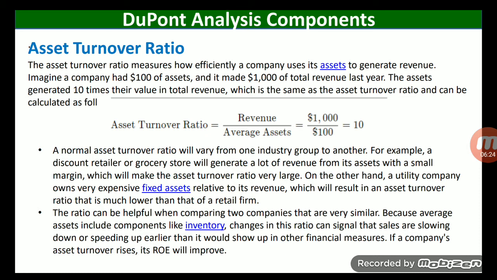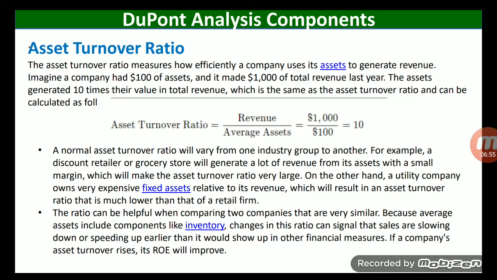The assets generated 10 times their value in total revenue, which is the asset turnover ratio, and it can be calculated as: asset turnover ratio is equal to revenue divided by average assets, which is $1000 divided by $100, equal to 10. A normal asset turnover ratio will vary from one industry group to another.